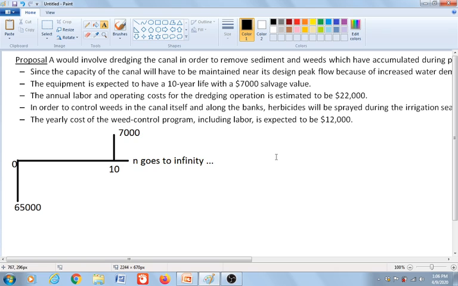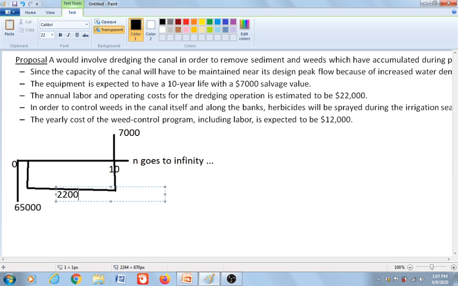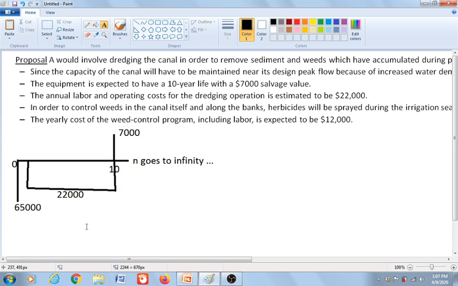And then we will have labor costs of 22,000, starting from year 1. This is 22,000. And then the weed control program, and that will cost 12,000.